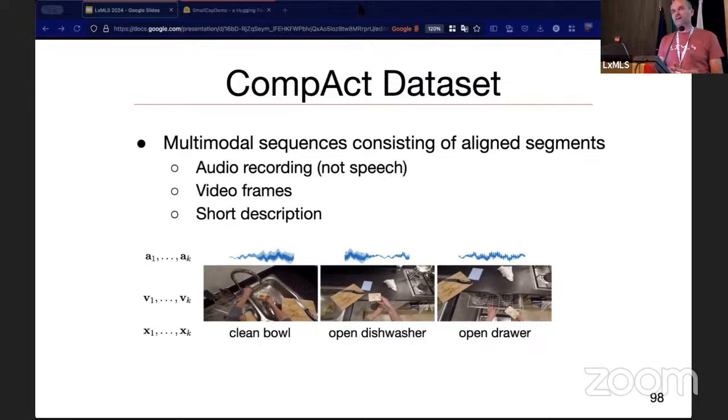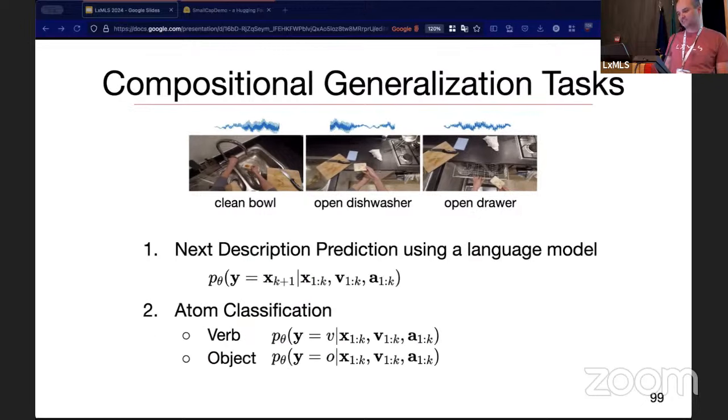We also have video frames, which can be either the full segment video frame or you can subsample frames from it. And also these short human-authored descriptions like clean bowl, open dishwasher, open drawer. The next step in the sequence is something like put bowl in dishwasher. And this is the type of knowledge we want to really target in these multimodal models.